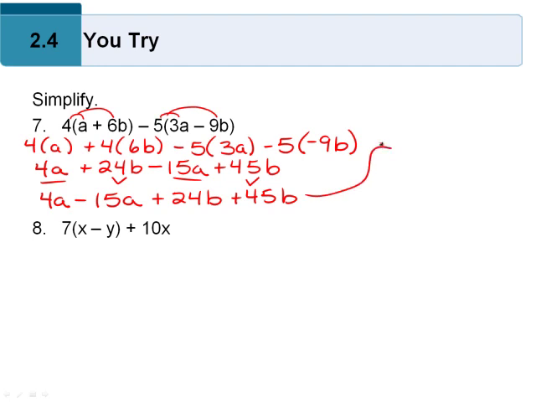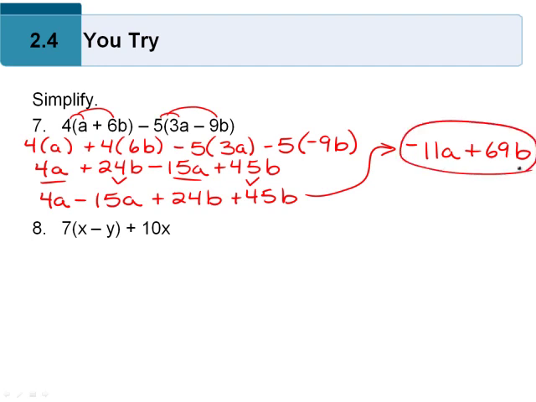Okay, so we're going to combine them. 4 minus 15. We have to subtract and keep the sign of the larger number, which would be negative 11A. And then 24 plus 45, what the heck is that? 69? Yep, plus, it's a positive, 69B. And that is your answer there.